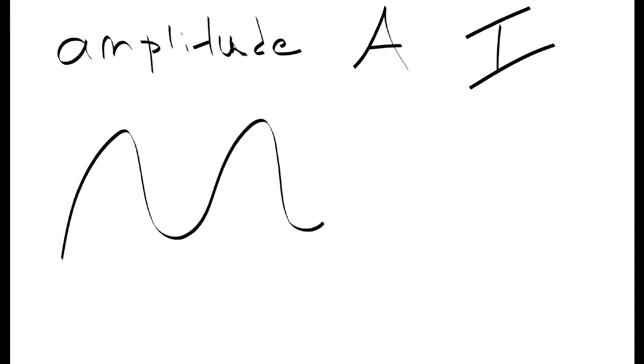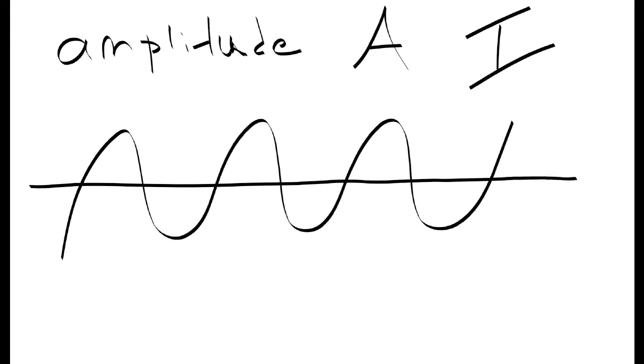If we represent that at all, we represent it with A for amplitude or possibly I for intensity, and that just tells you how high your wave is. The straight line here is the 0 mark. That's the normal place, and amplitude is the height of the wave.